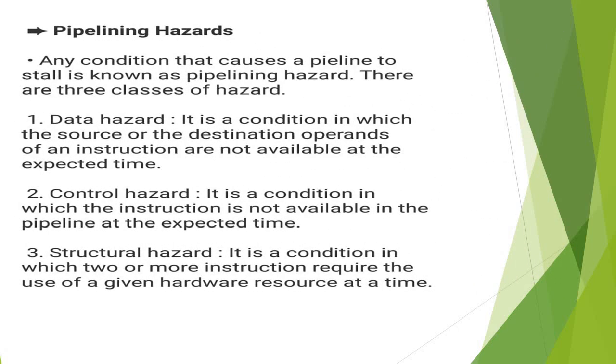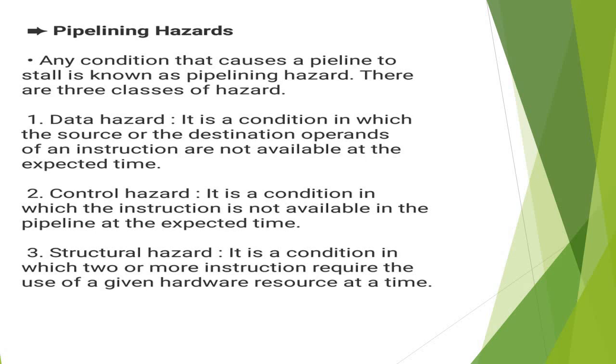Now let's move towards the hazards of pipelining. Any condition that causes a pipeline to stop is known as a pipelining hazard. There are three classes of hazards: data hazard, control hazard, and structural hazard. Let's see the first one, that is the data hazard. It is a condition in which the source or the destination operands of the instructions are not available at the expected time.